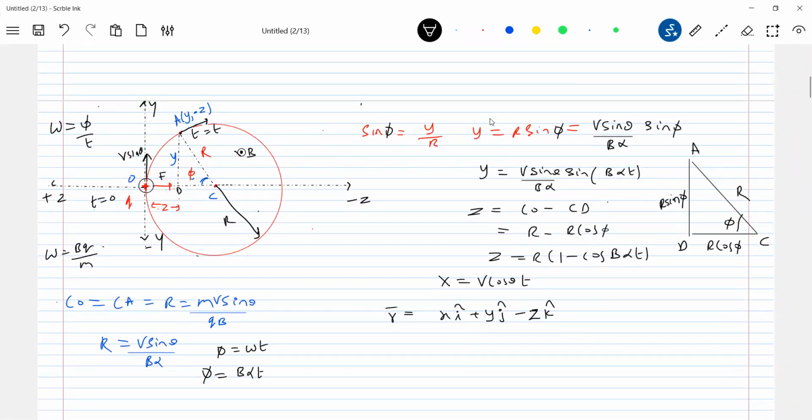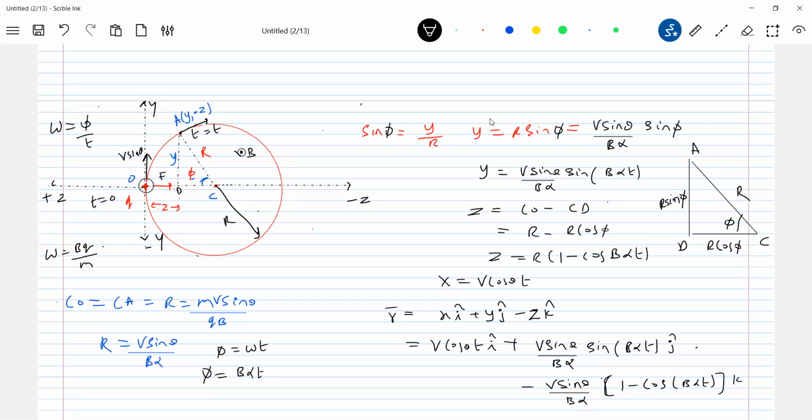Okay, got this. So substitute all the values of x, y. So x equals v cos theta t i cap. What is the value of y? Y is equal to v sin theta by alpha times sine of b alpha t, minus this will be v sin theta by alpha times 1 minus cos of b alpha t.